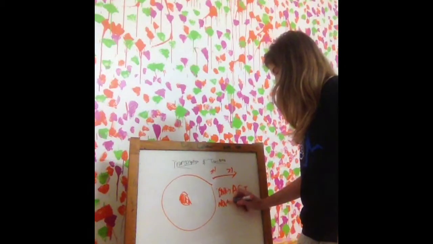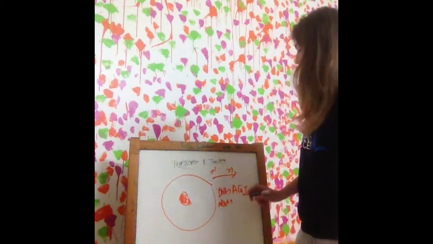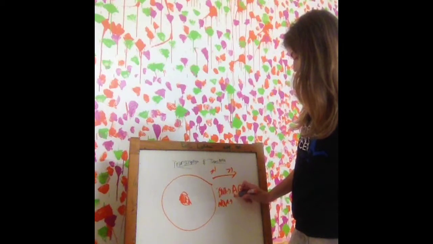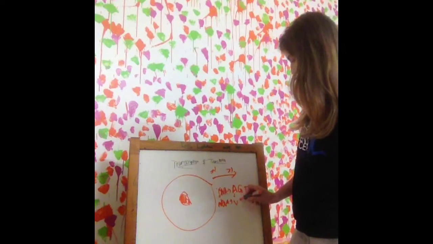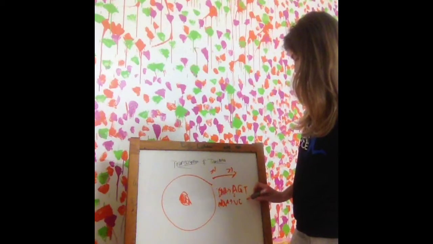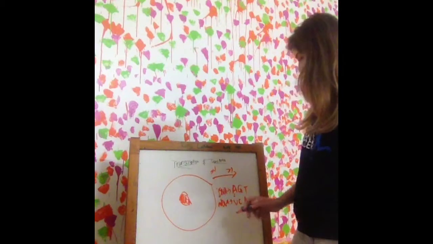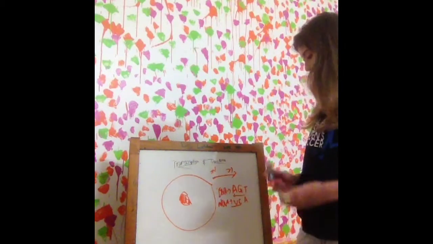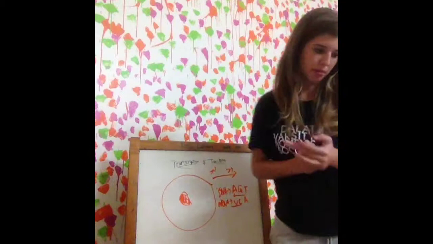It would translate to A would become U, G would become C, and T would become A. So that is transcription for you.